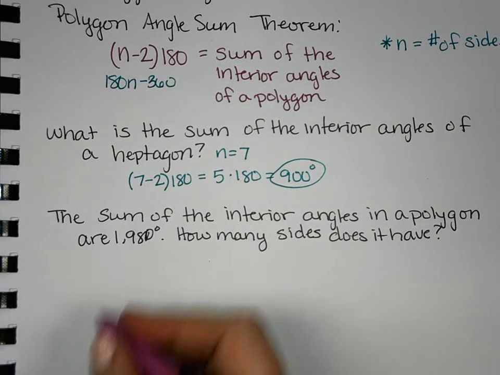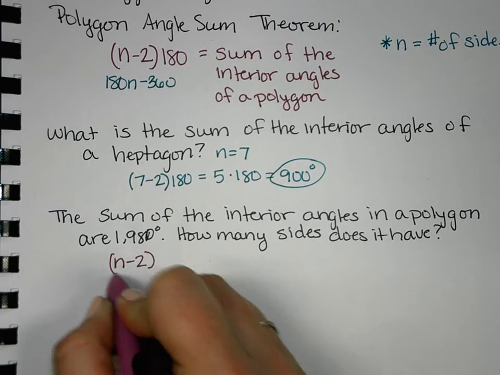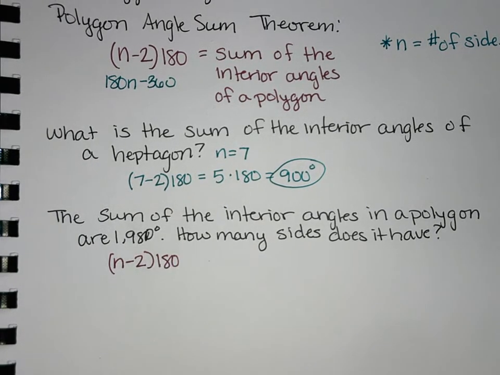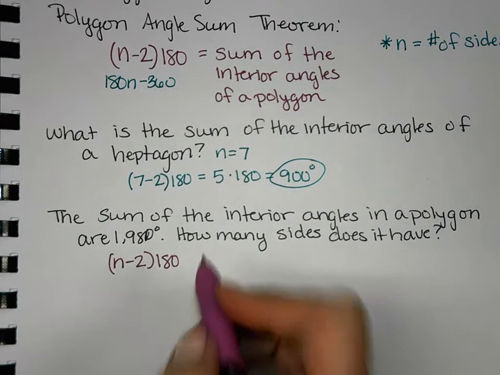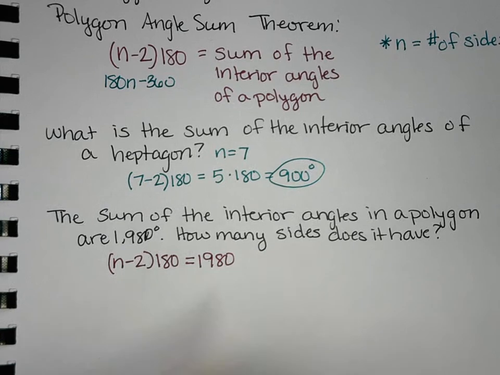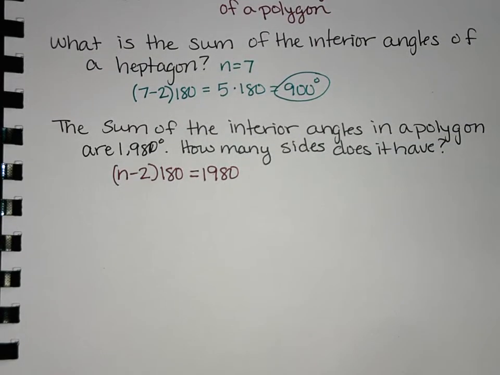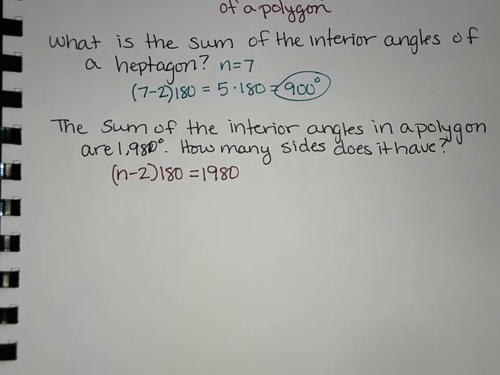So since we don't know what n is, we're just going to leave the formula like it is. But we know that it has to equal 1,980. So from here we get to solve for n. Anyone know how they would start this for solving for n?